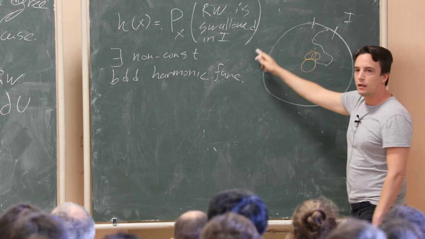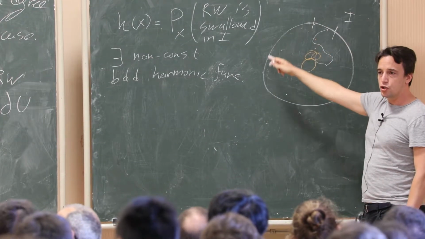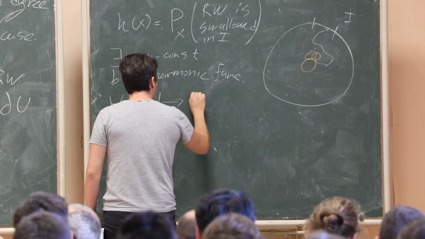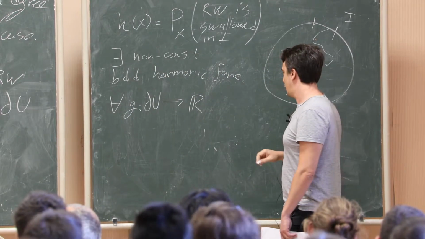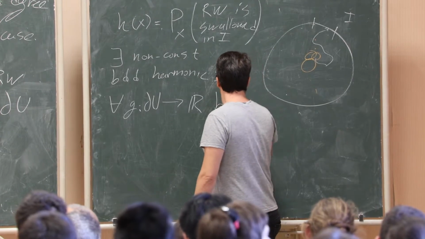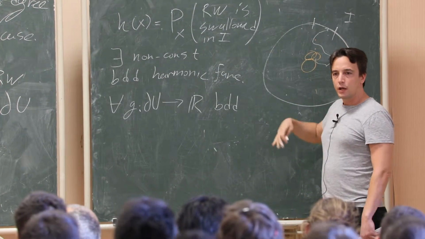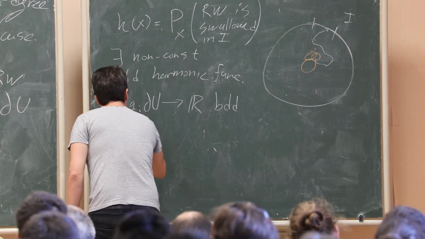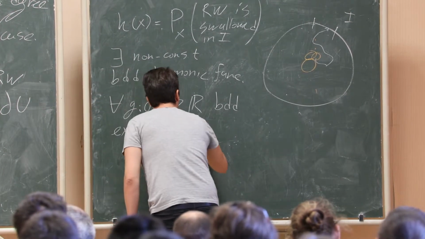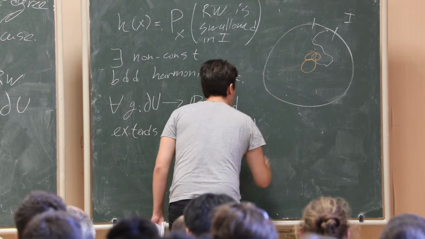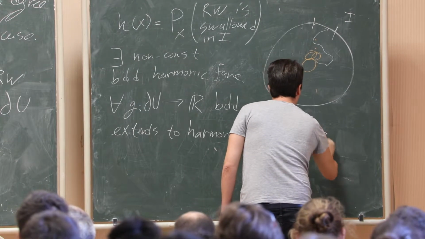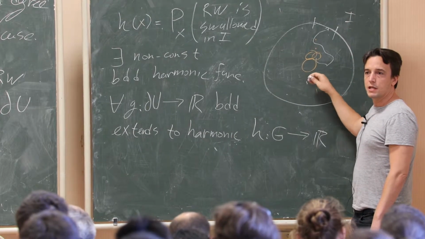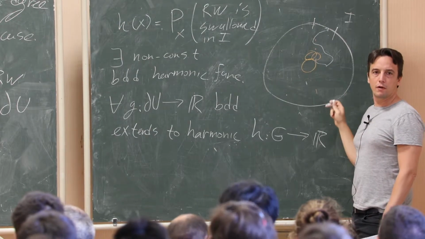So in fact, for any bounded measurable function g from the unit circle to the reals, it extends to a harmonic function h from G to R, simply in the same way: the value of the function h at a point x is the expected value of g at the exit point of the simple random walk.